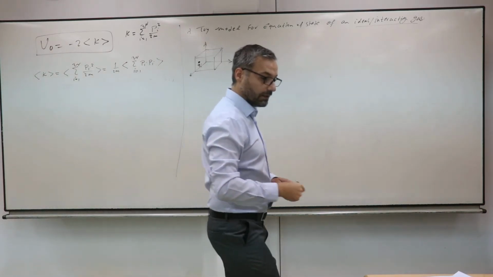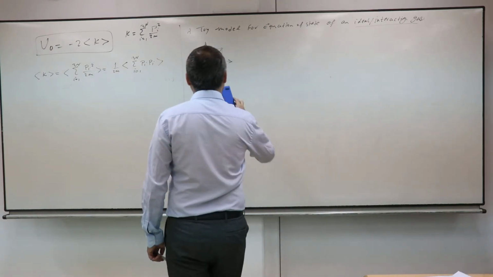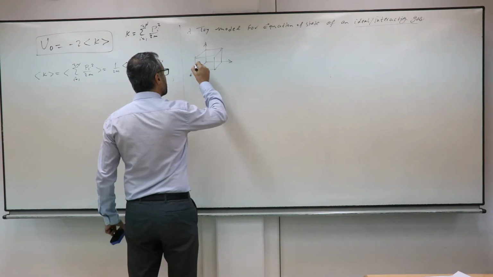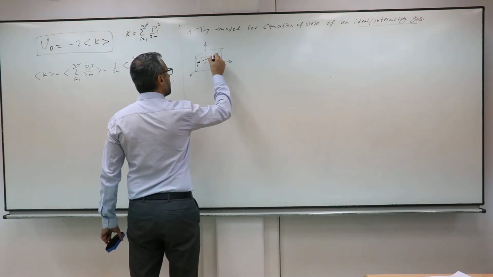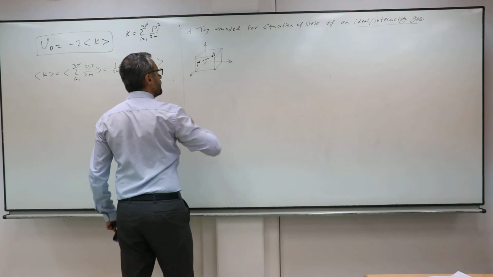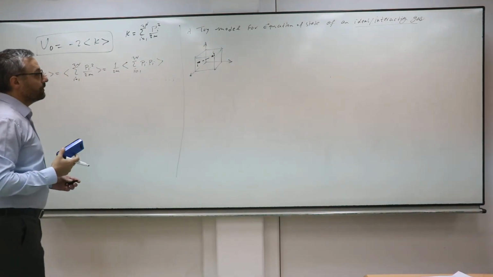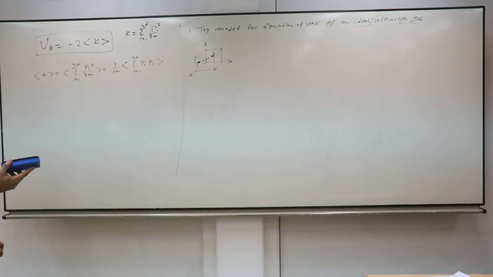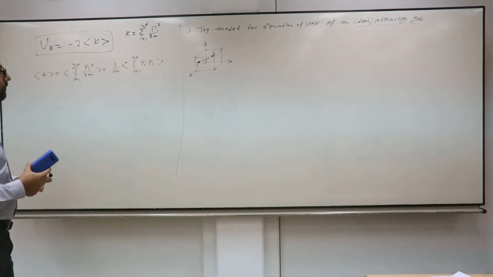So one particle is labeled by i, and the second particle you can label by j. And depending on the physical parameters of these particles, you can have different types of interactions.